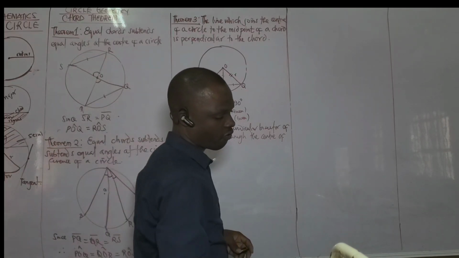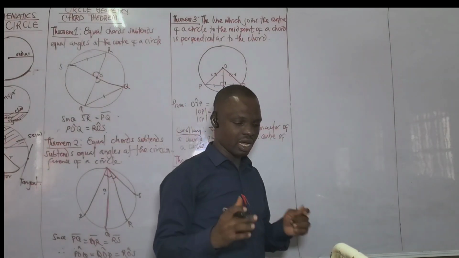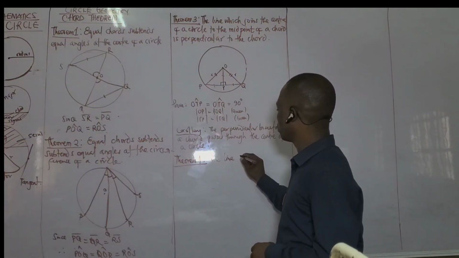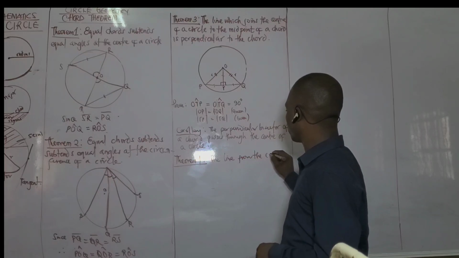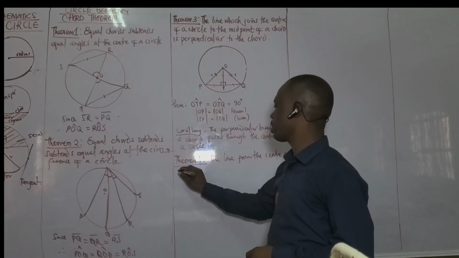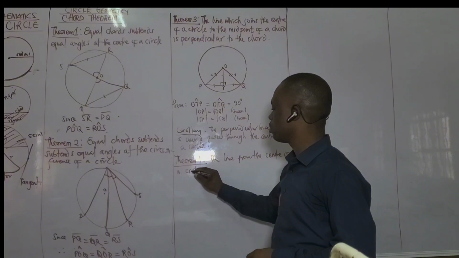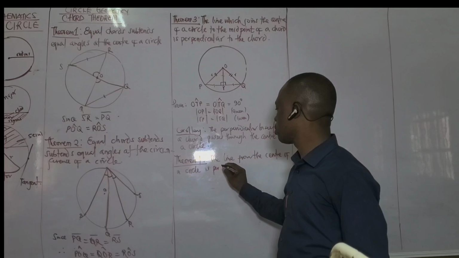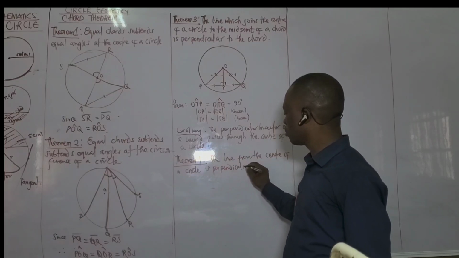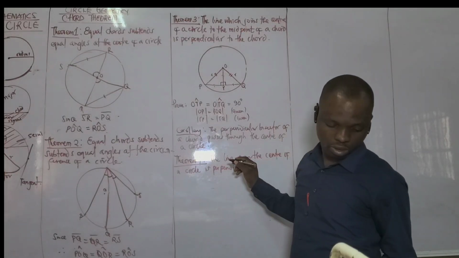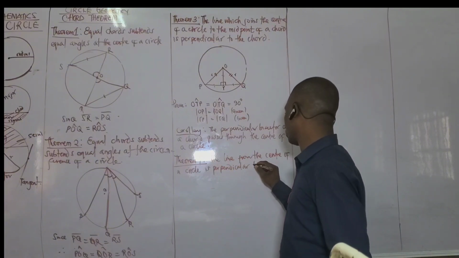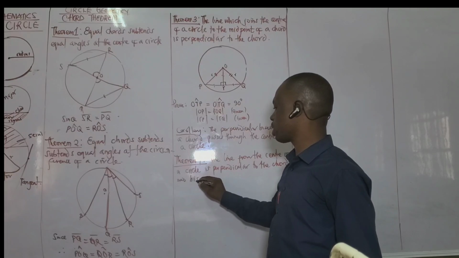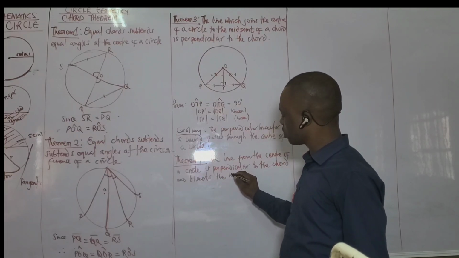That's theorem 4, and this theorem 4 says that the line from the center of a circle is perpendicular to the chord and bisects the chord.